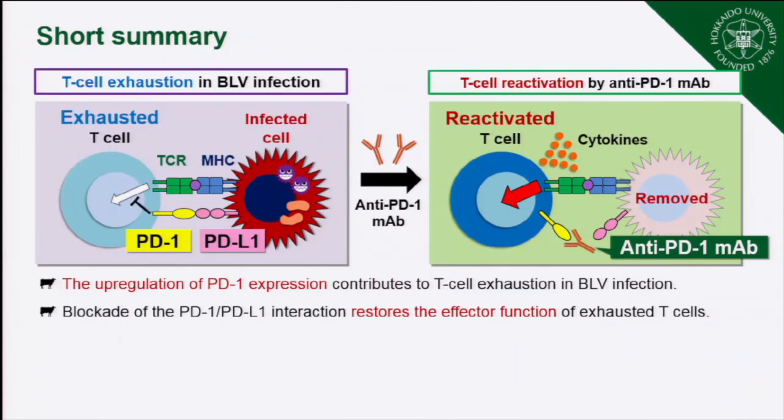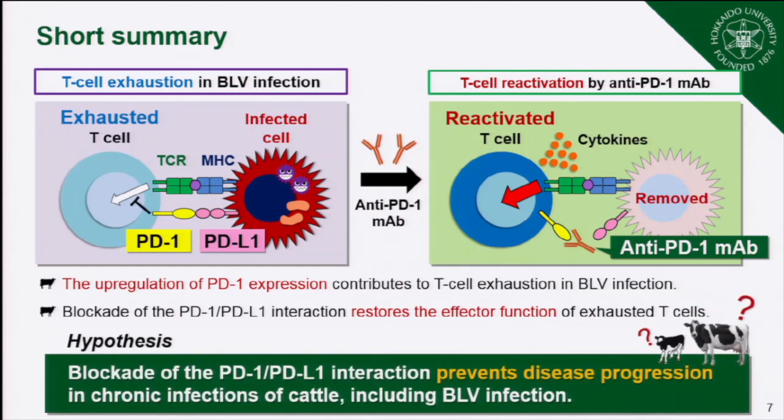Okay, let me give a short summary of our in vitro analysis. During BLV infection, PD-1 expression was upregulated, and it contributes to T-cell exhaustion in BLV infection. Fortunately, the blockade of those pathways using specific antibodies, in this case PD-1 specific monoclonal antibodies, restores the effector function of the cells in vitro.